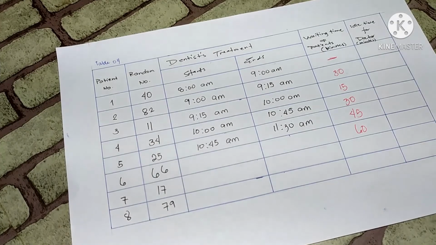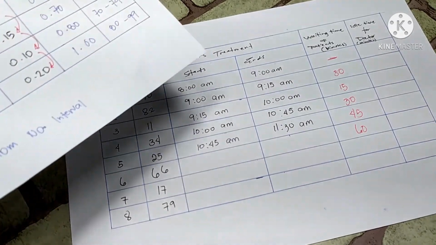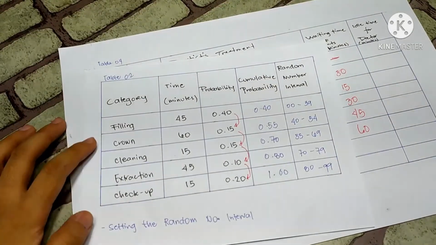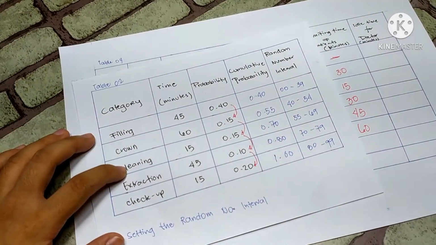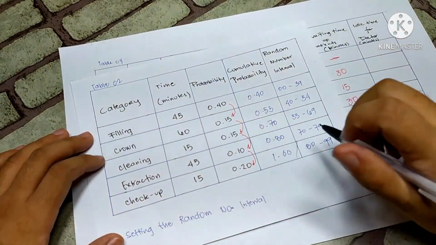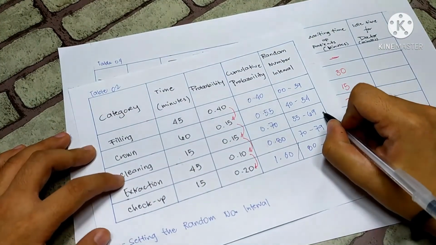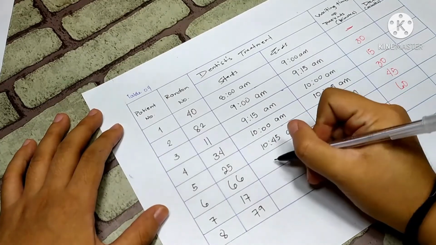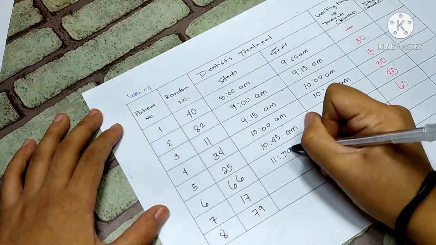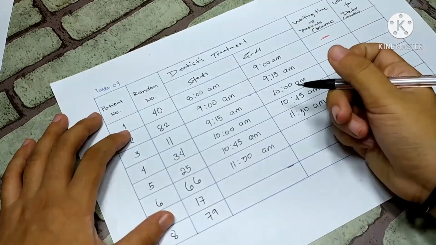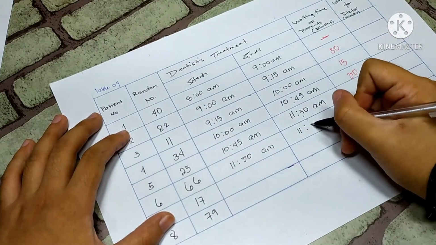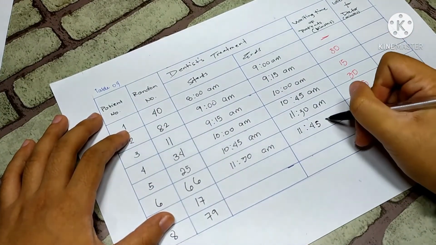Then, si patient number 6 with a random number 66. Fall siya dito sa cleaning, which is 15 minutes lang. So, at 11:30 a.m. to 11:45 a.m.